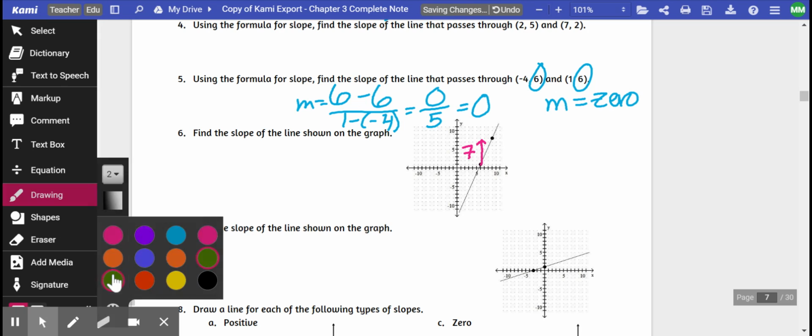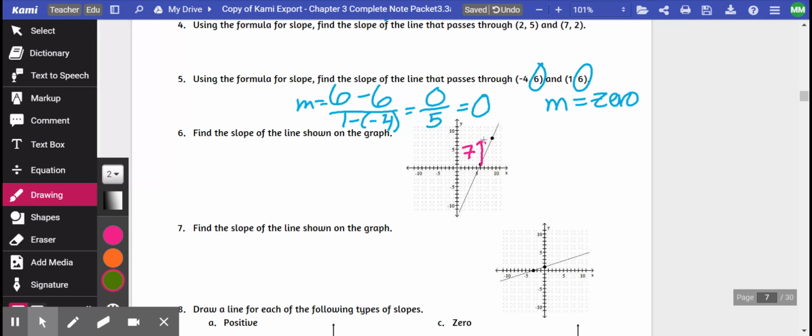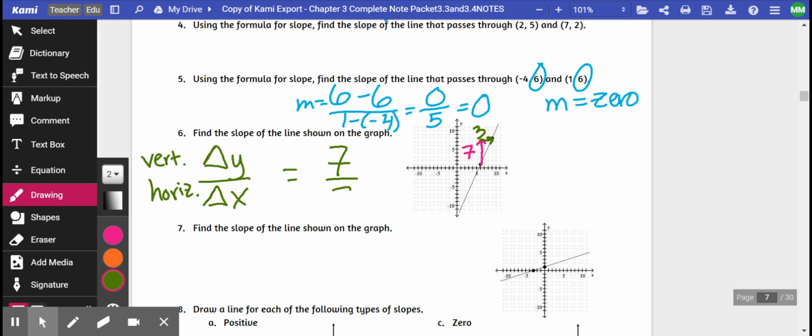And then let's look at the horizontal change. It started at 6, and then it went to 7, 8, 9. So from 6 to 9, we have a change of 3. So our slope is the change in y over the change in x, or the vertical over the horizontal. So we would have 7 over 3.